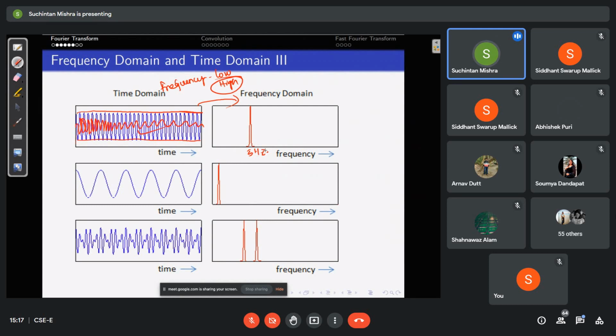Now if you see the second example, the signal is occurring less frequently and it has a single amplitude.